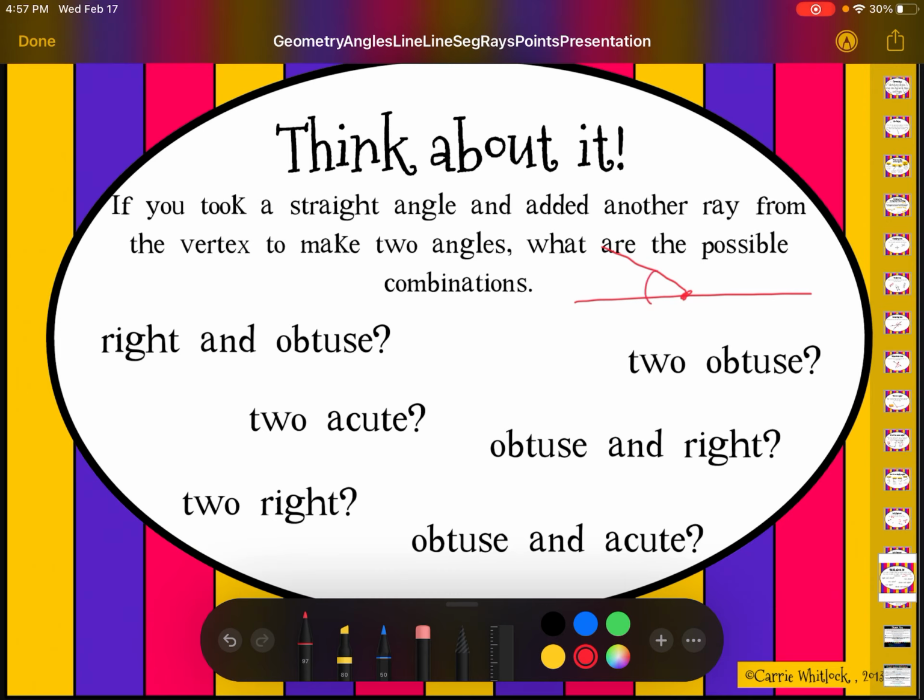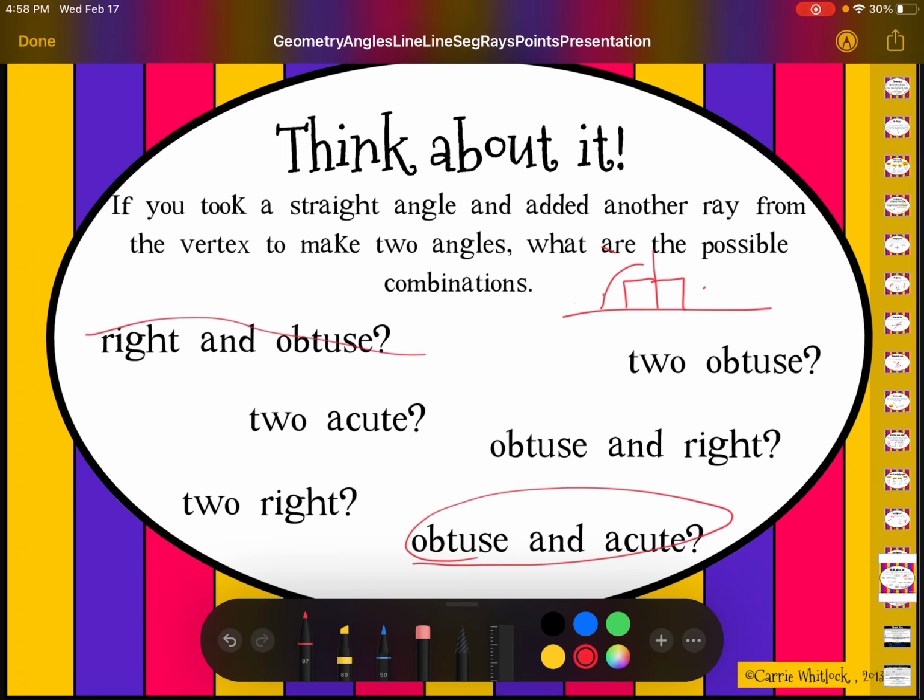I know that I could make one acute and one obtuse. What about right and obtuse? If I had my line and I made a right angle, could I also be obtuse on this side? Nope. They both would be right because that would be 90 plus 90.